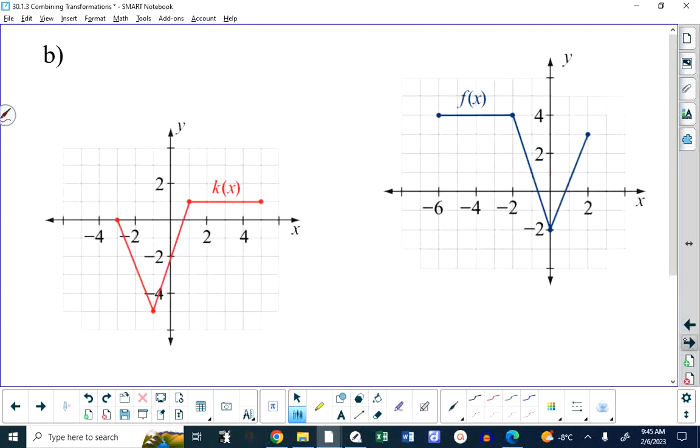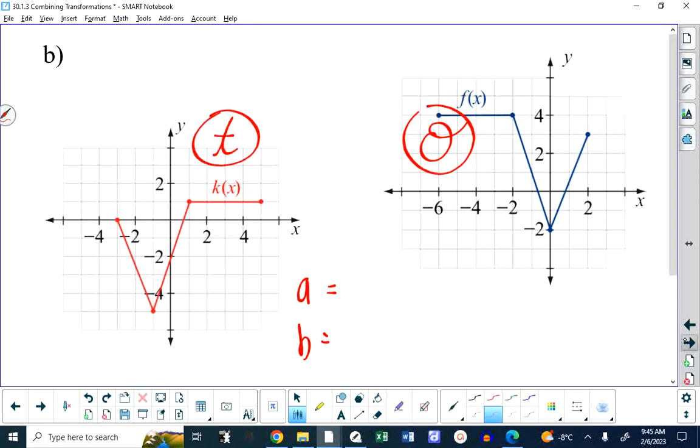All right, let's try one more. I would like everybody to take a look at the two graphs. Remember that this is the original one, and this is the new, transformed function. I would like you to identify the values of A and B. I think it's good to measure the entire distance horizontally, but if you look at that plateau, that flat part of the graph, it's 4 long on each side.